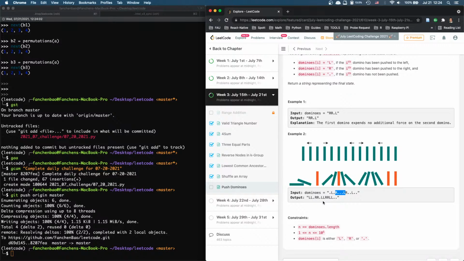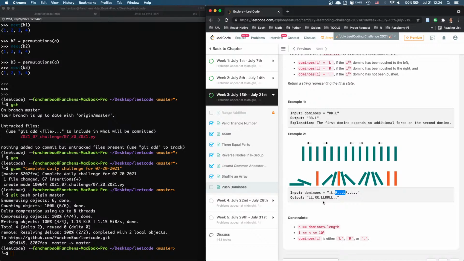And we pop it, we keep going. And of course, if we're pushing a left, everything to the left will be left. If there's no right inside, then everything will all be left.